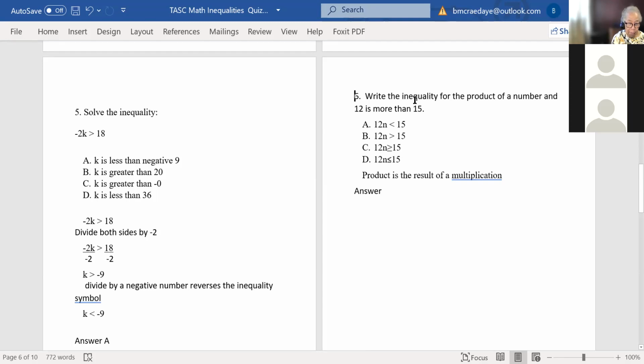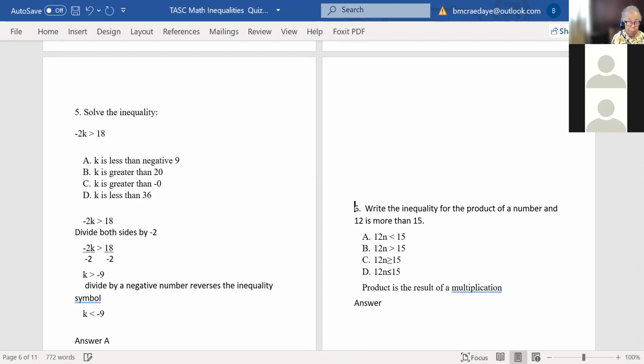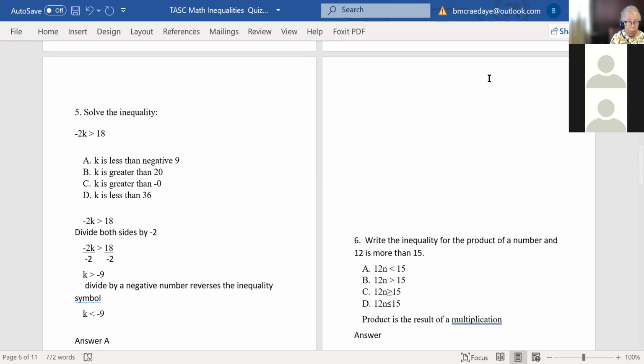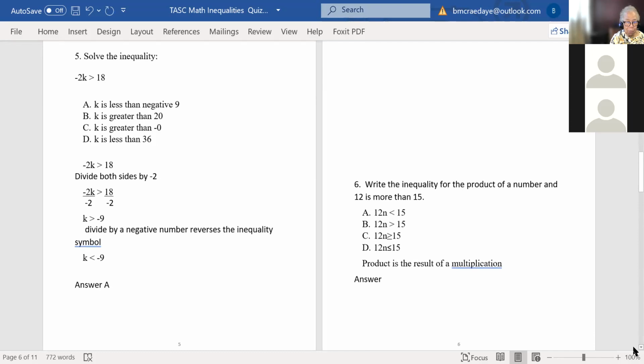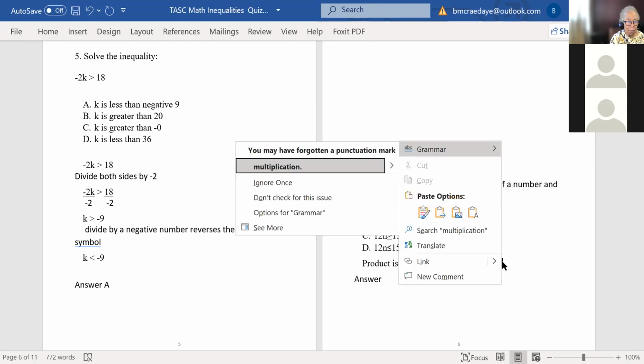The inequality for the product of a number and 12 is more than 15. More than 15.